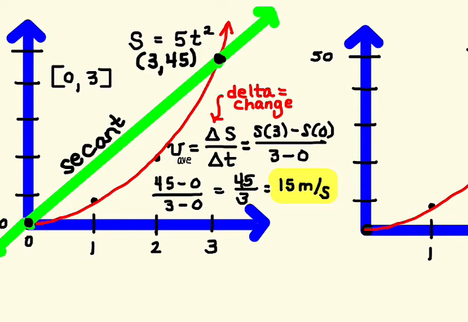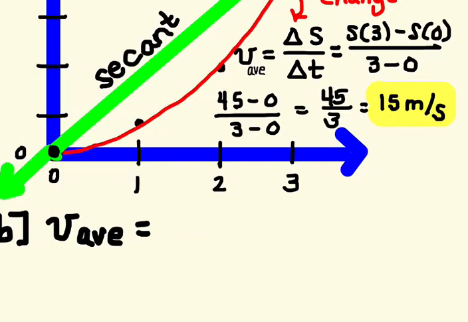That the velocity average on an interval from A to B is equal to the ratio, well, it's the change in distance over the change in time.